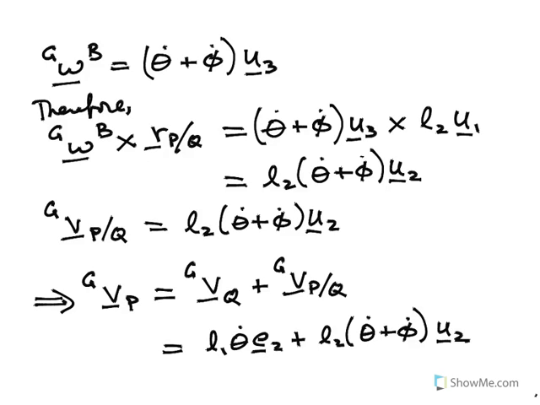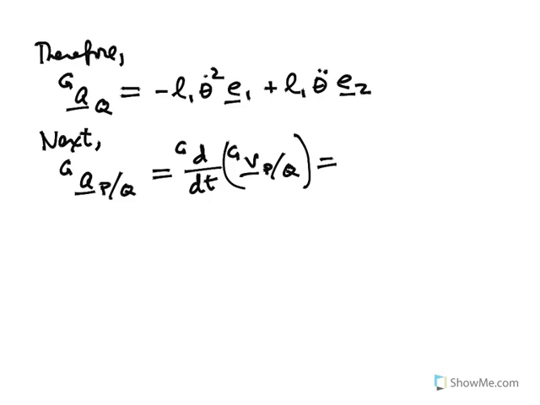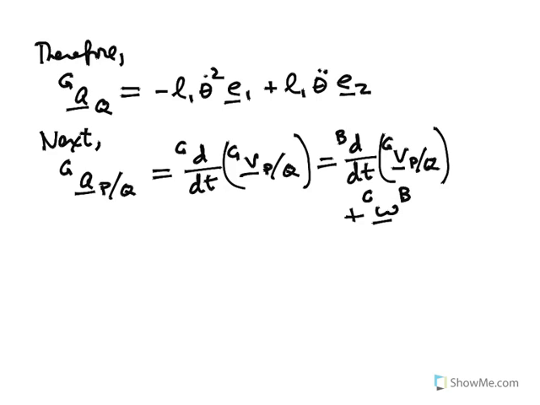It is expressed in coordinates fixed in reference frame B. So this is equal to d dt in B of the velocity of P relative to Q in G, plus the angular velocity of B in G crossed with the velocity of P relative to Q in G.